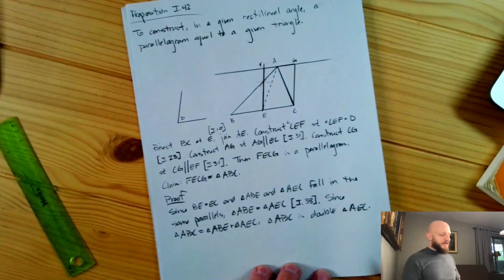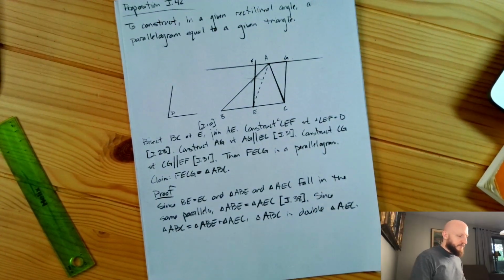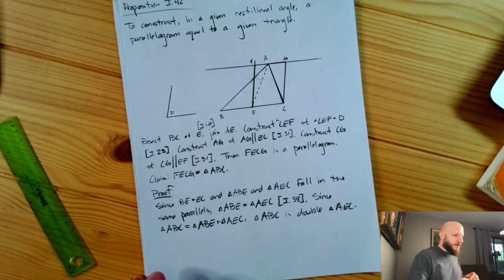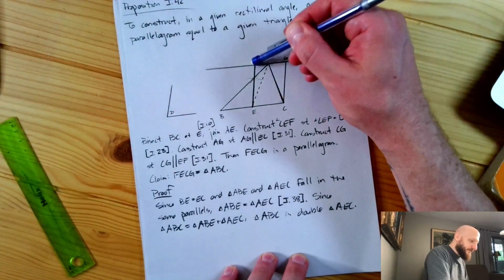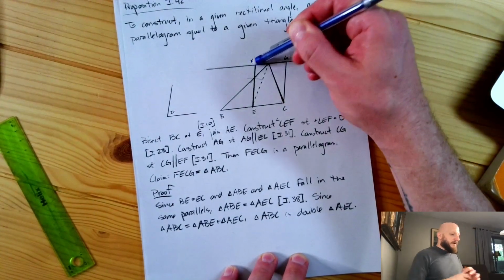And it's double triangle ABE as well, but AEC turns out to be the key triangle that we wanted to look at to finish off this proof. Okay.